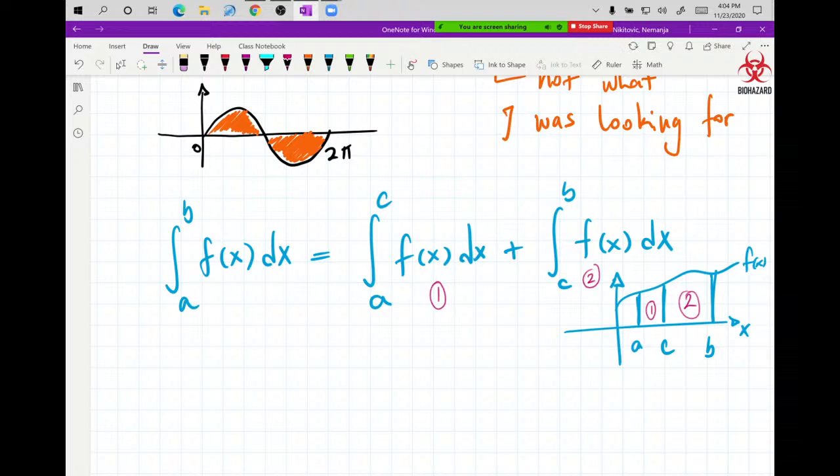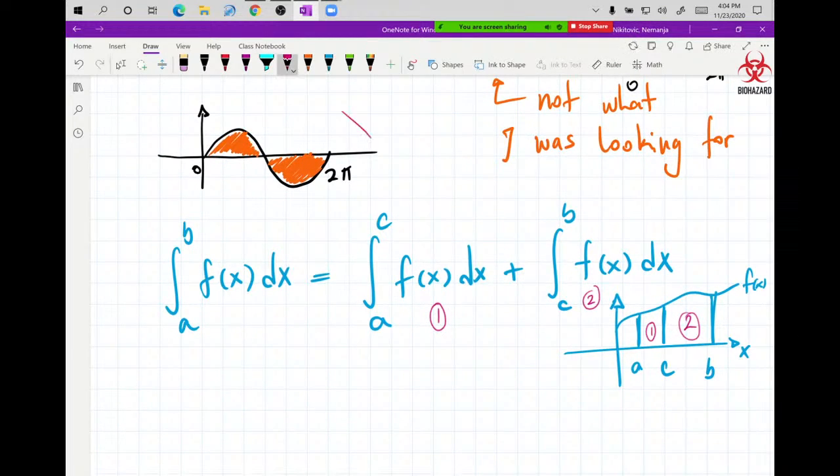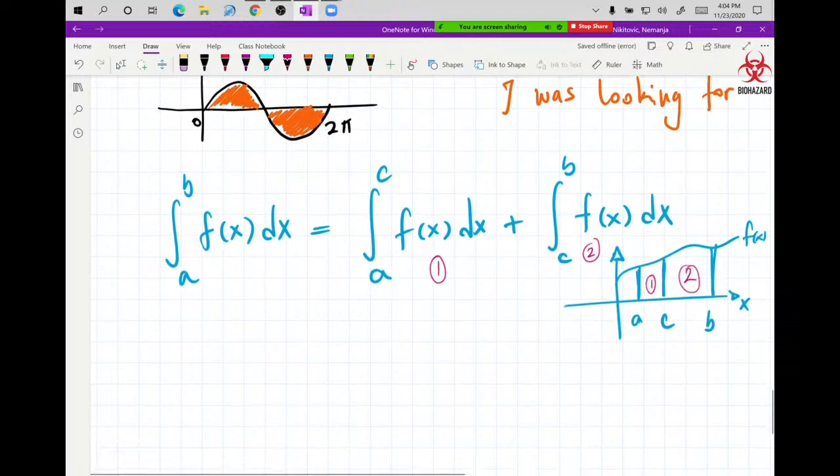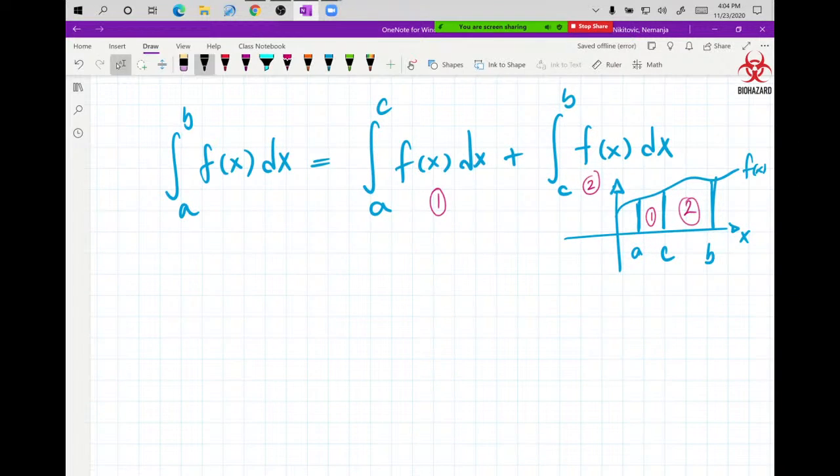So now when I draw my sine function, I see that there is a piece that is under the x-axis, which means I need to bring that one up above the x-axis, which means we need to stuff it into absolute value.